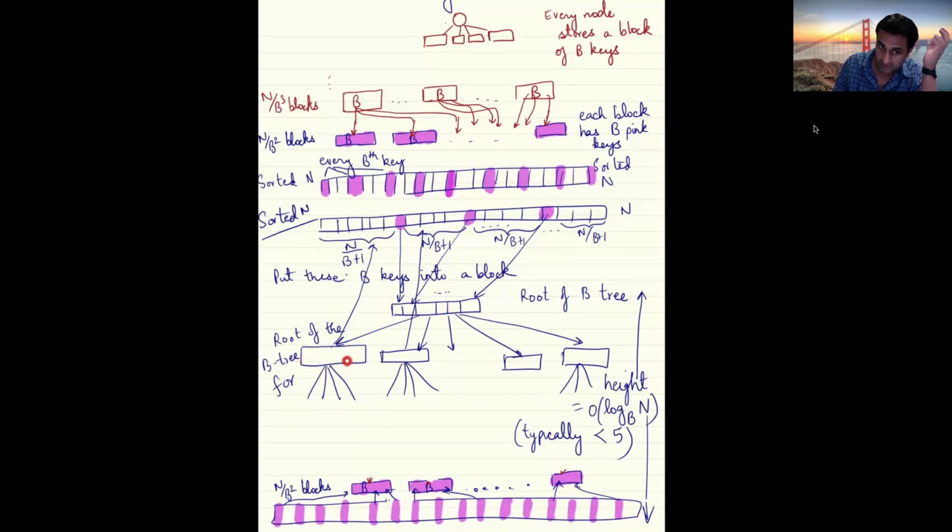We cannot store n stuff in a block. So remember, the B tree is a tree where every node is a block of B elements. They correspond to some search space, which is large, but in the block, we can only fit B elements. Does that make sense or no?